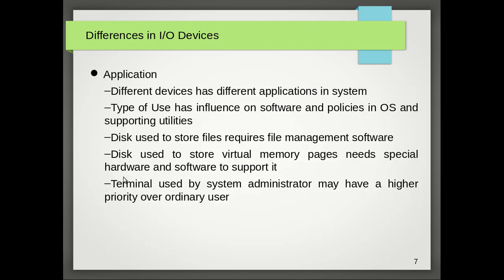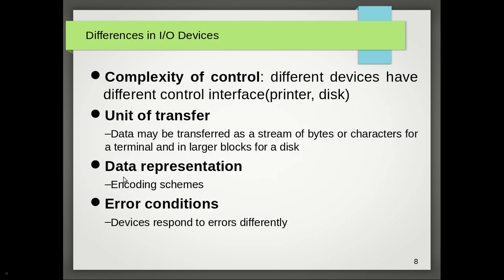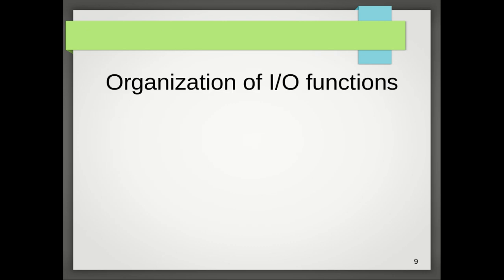Then application wise they are categorized. Important terms are complexity of control, unit of transfer, data representation and error condition. So depending on this you can differentiate these three categories of input output device.